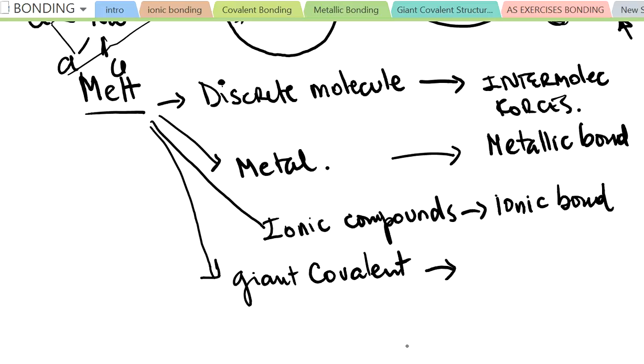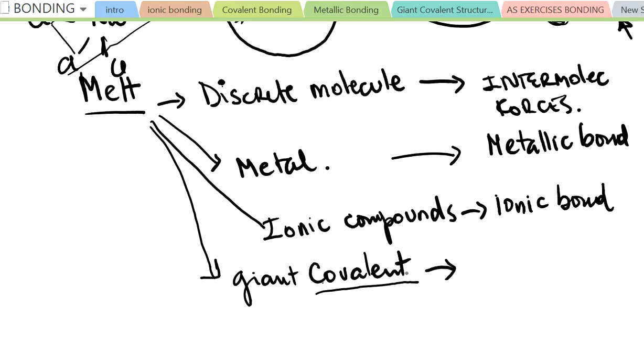What are the structures or the bonds that we need to overcome? Look at this. It says covalent, yes? But do we have only one covalent bond, like in the hydrogen chloride? We have bonds all over the place. We have bonds in all directions. That's why they have such high melting and boiling points.